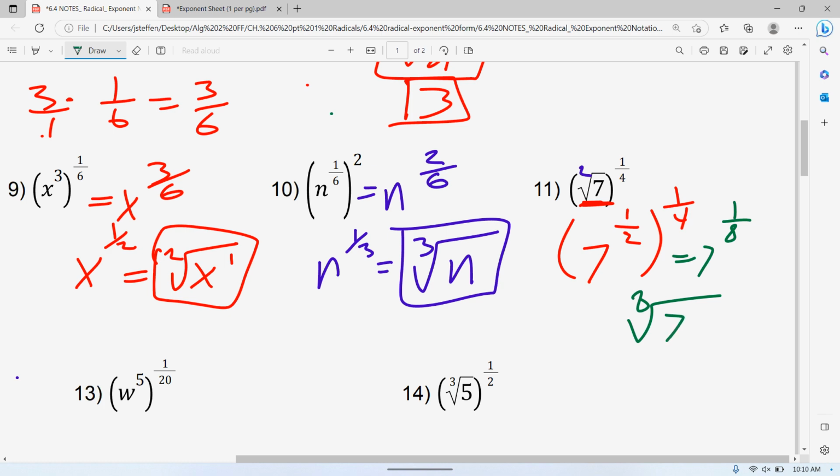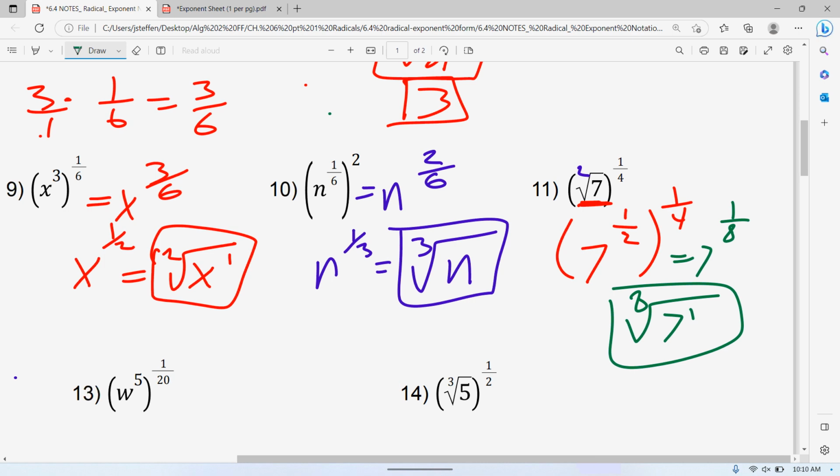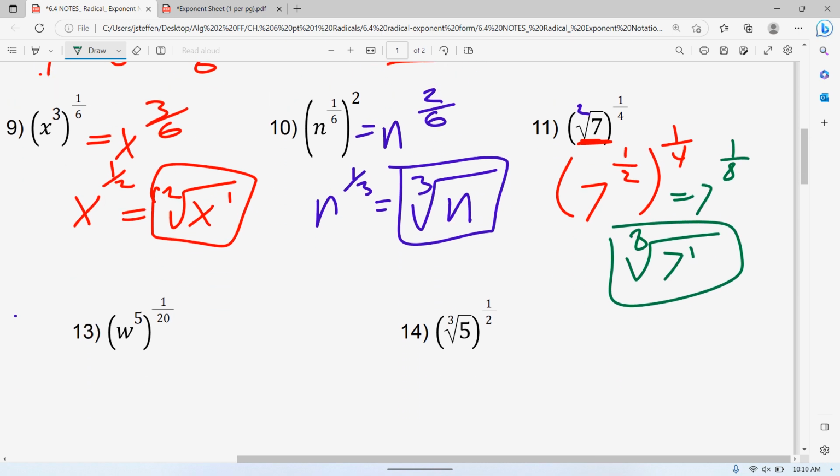Your denominator goes as the index number, and your numerator goes as an exponent. 8th root of 7. That's the last one. Any questions on those before we move on to the you-do section?